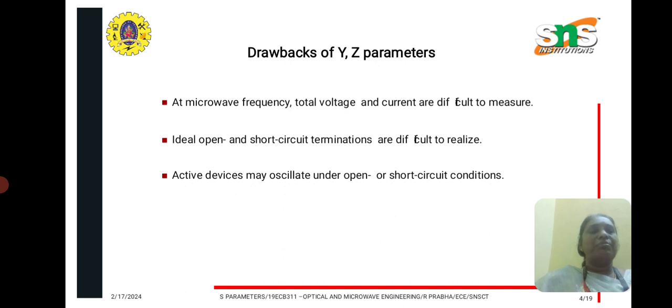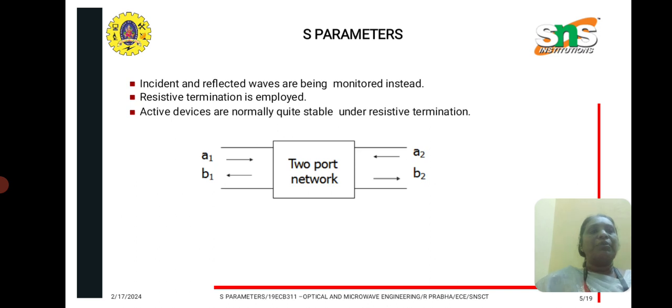Active devices of microwave will oscillate under open or short circuit conditions. Because of these drawbacks, we cannot use these conventional Y, Z, H parameters to analyze the properties of microwave systems. So we go for another type of parameters called S parameters or scattering parameters.